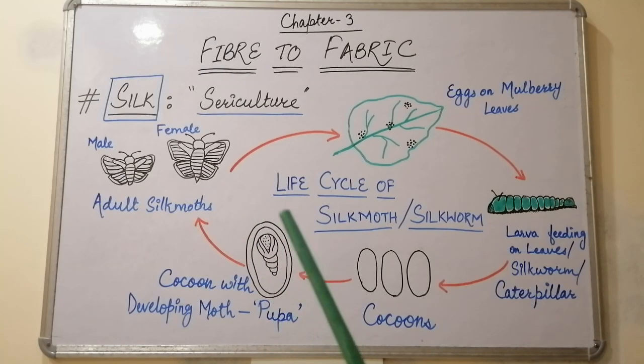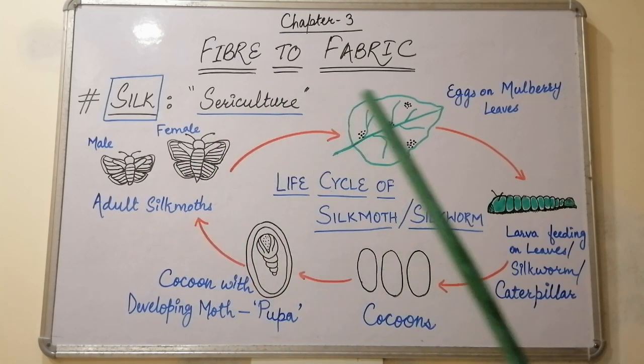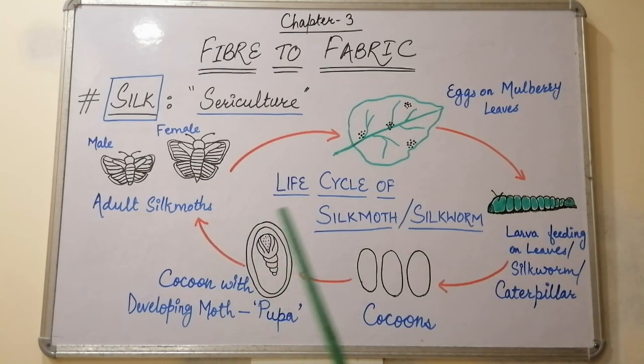This developing moth gets adult and becomes a silk moth. So this is the entire life cycle of a silk moth or a silkworm. Now this entire life cycle is carried out naturally in the environment.